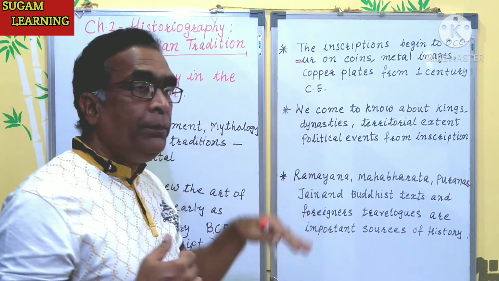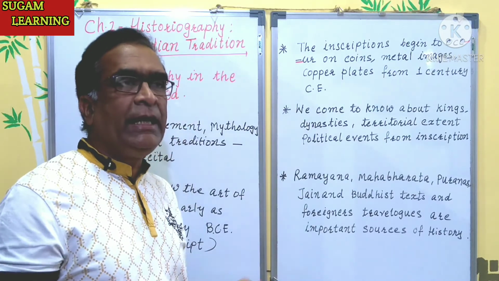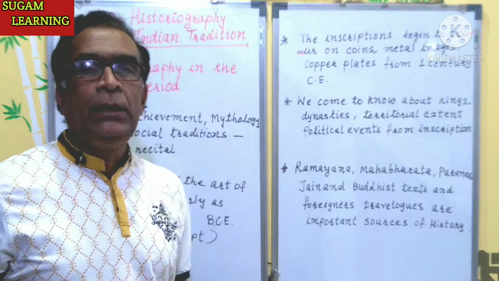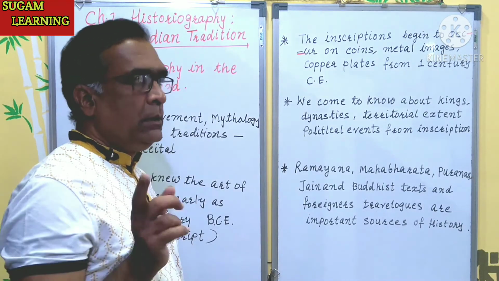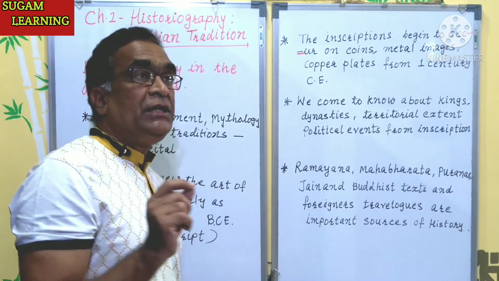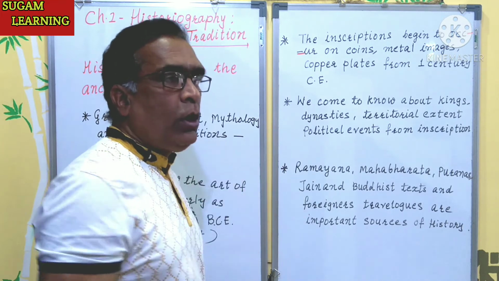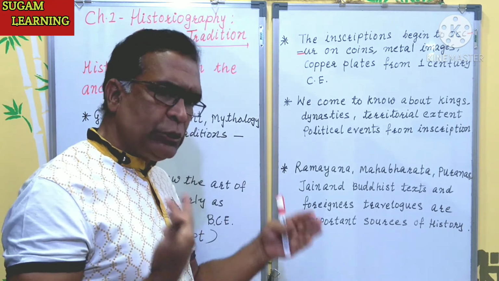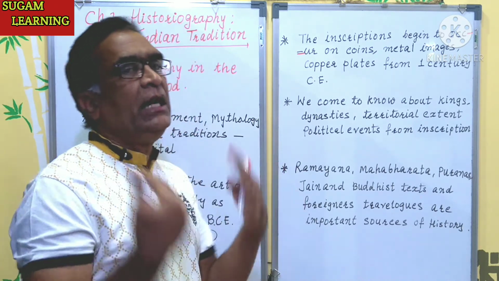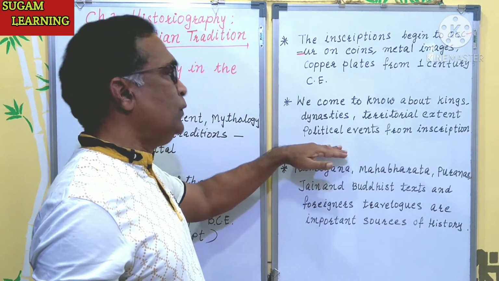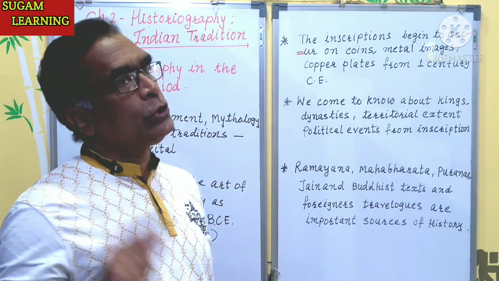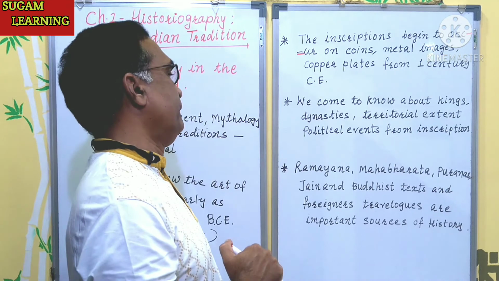Also, they describe political events, a war, and suggest that the wars or the treaties between two kingdoms were all inscribed on the stone walls or on the copper plates.